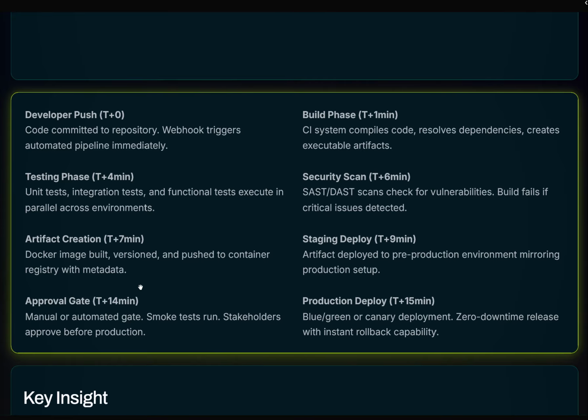In the artifact creation, it might be a Docker image or a version with the dependencies, and the product is created and pushed to a container registry with metadata, right? And then that product goes to staging deploy. That's a deploy in a pre-production environment, mirroring the production setup.